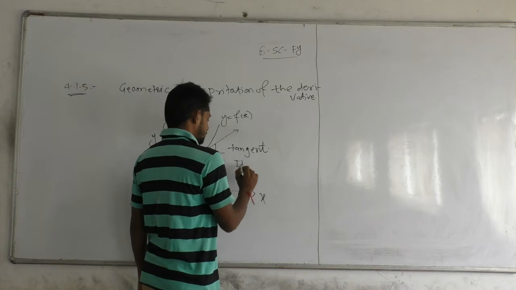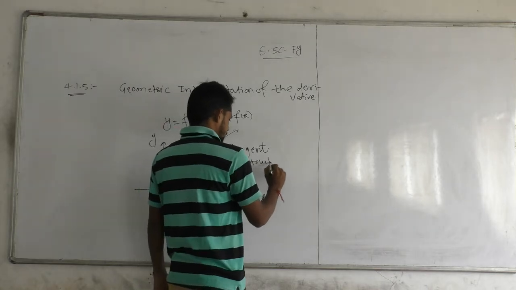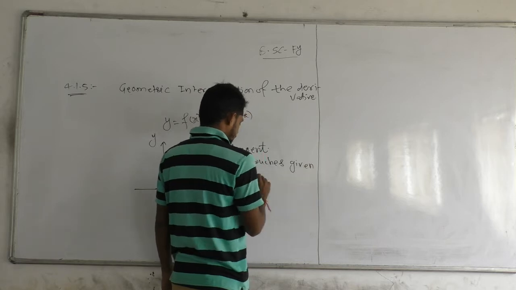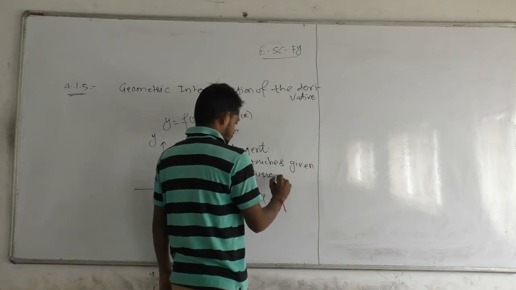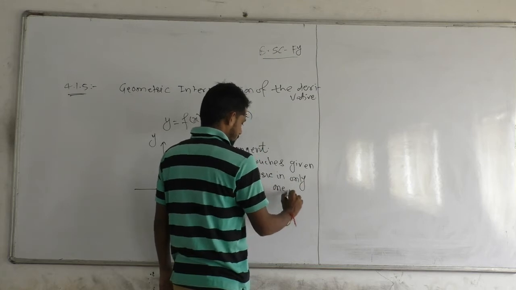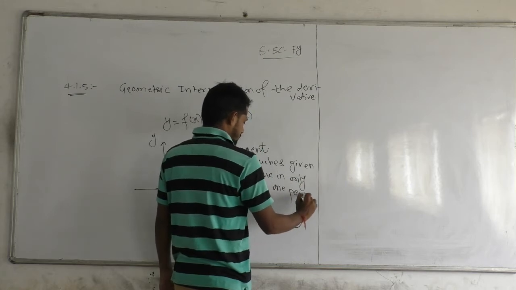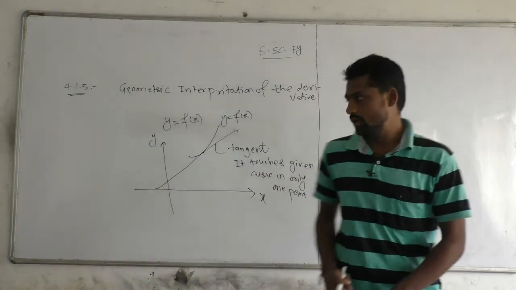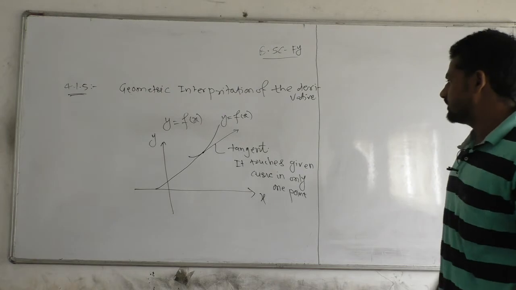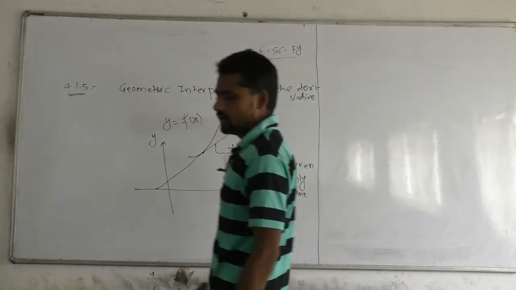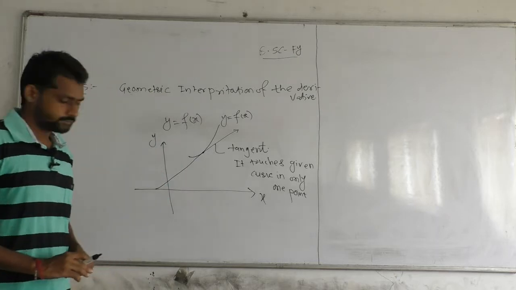So the definition of the tangent is: it is a line which touches the given curve at only one point.